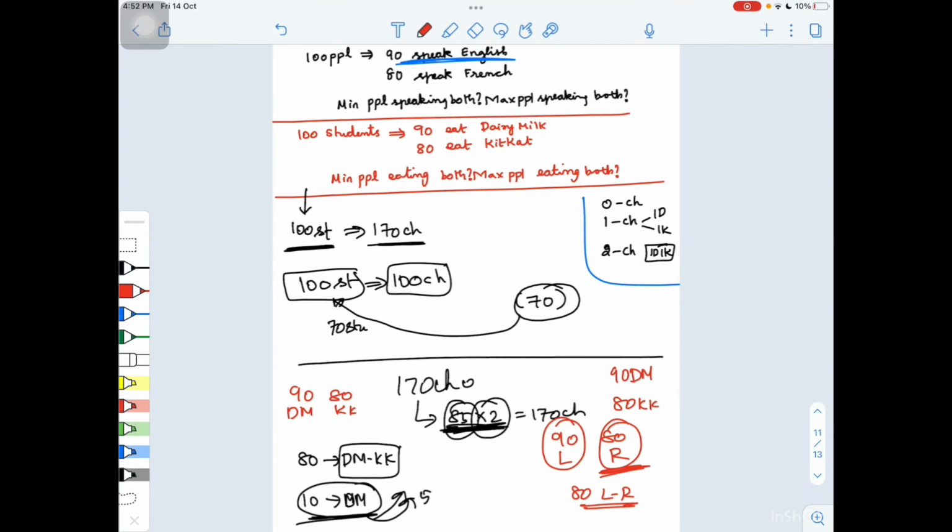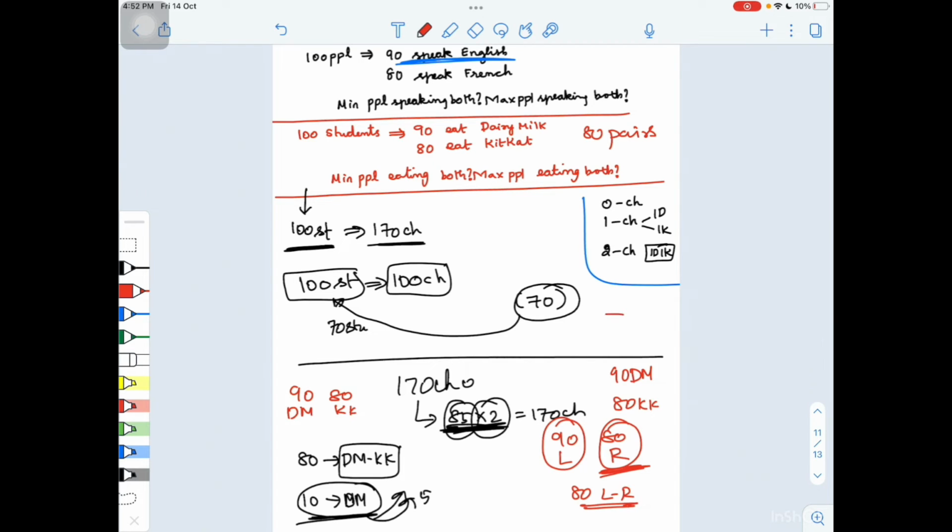Similarly, with 90 Dairy Milk and 80 Kit Kat, I can only make 80 pairs. And what happens to the remaining 10 Dairy Milk? They will have to go to one person each. One person will be eating one chocolate.